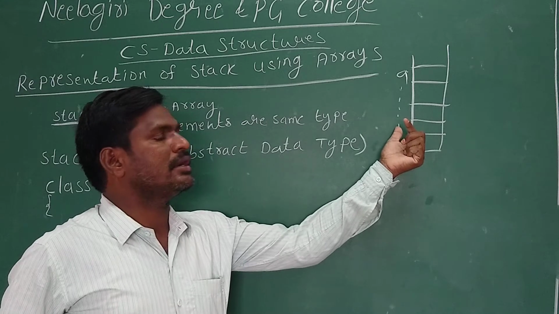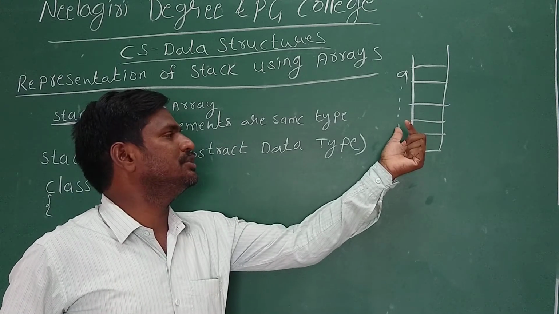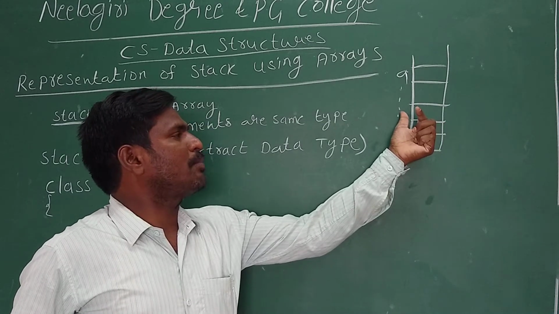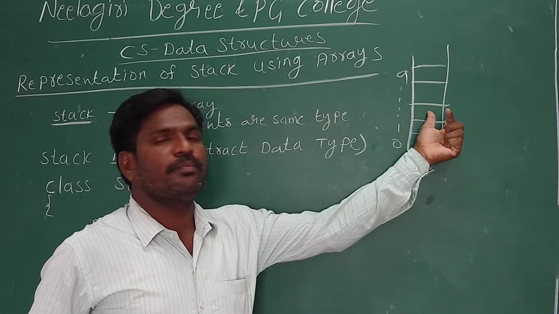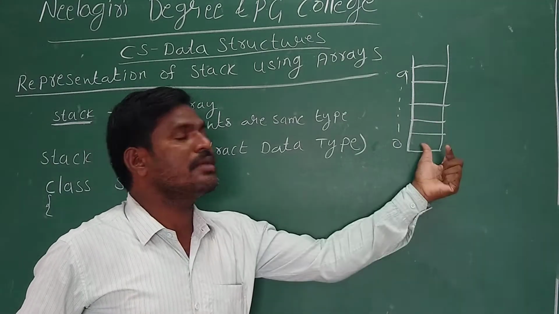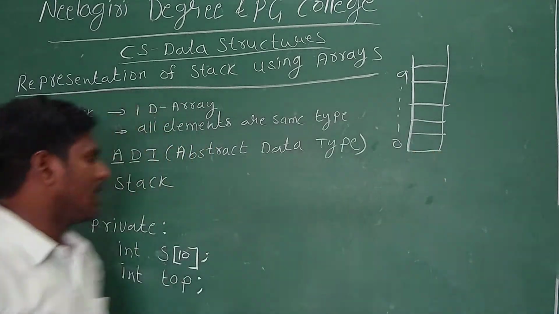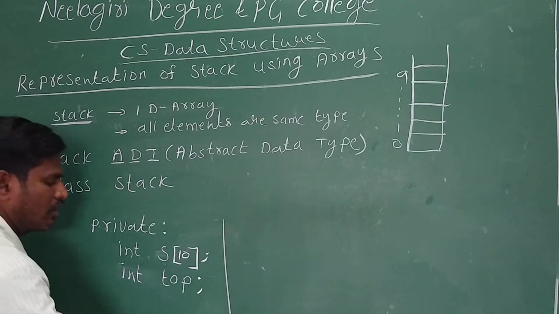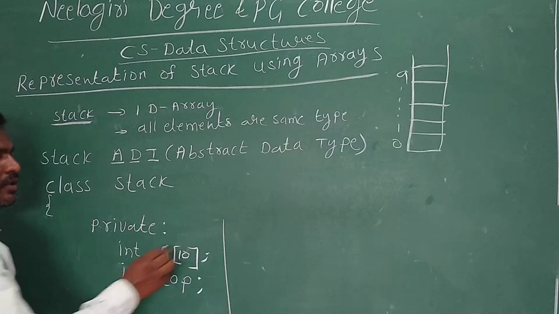If top is equal to 1, the top element is at 1. If the top value is 2, the topmost element is at 2. When there is no element, automatically the top value is -1. So these are the variables required.